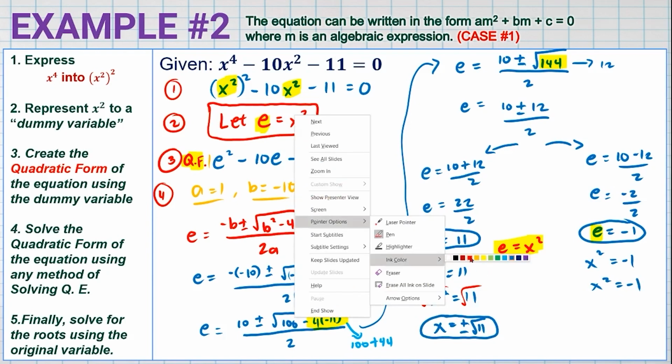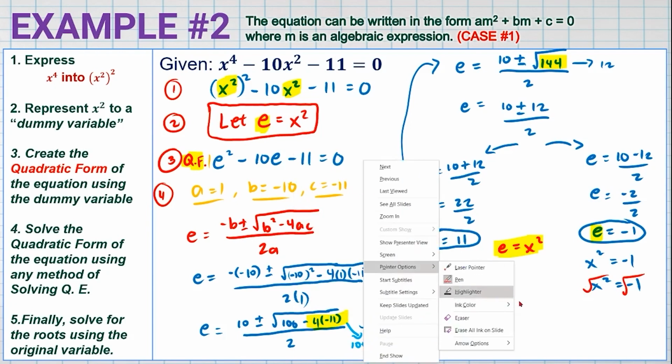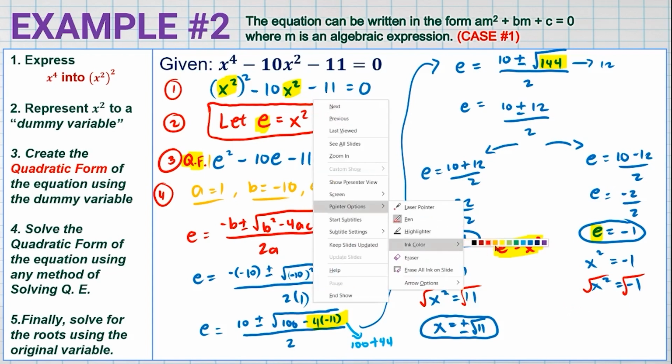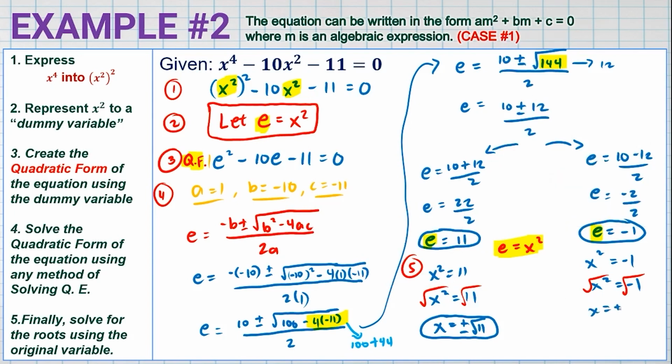Yan, so, square root natin parehas. Then, square root of negative 1. Diba? So, ang magiging itsura niyan x is equal to positive, negative, square root of negative 1.